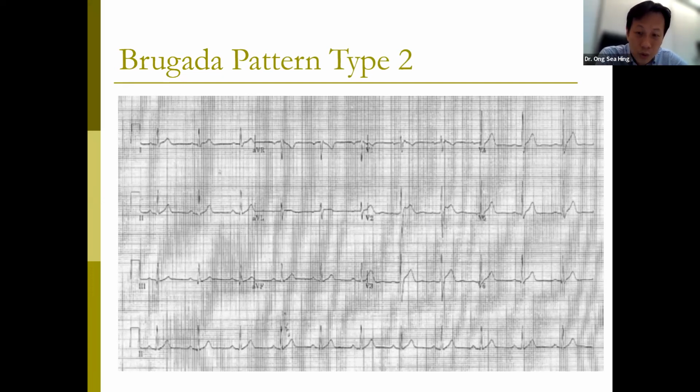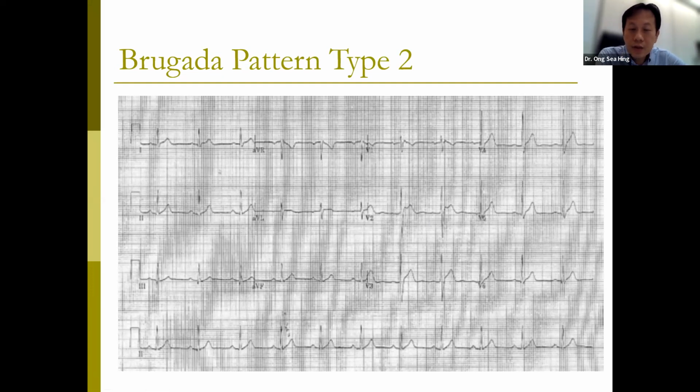Now, the question is what to do with this type 2 Brugada patient. It's difficult. So if they have fainted before, or had syncope before, or have a family member with sudden cardiac death, then you need to determine whether they can go into type 1. Then you do a flecainide challenge test and see if this pattern becomes a type 1 Brugada.